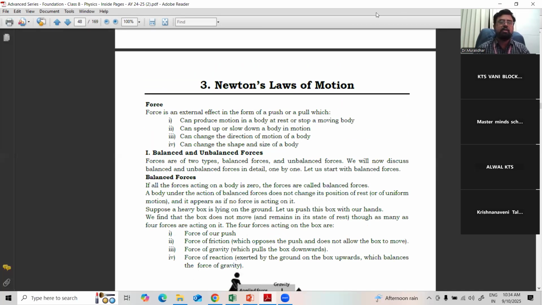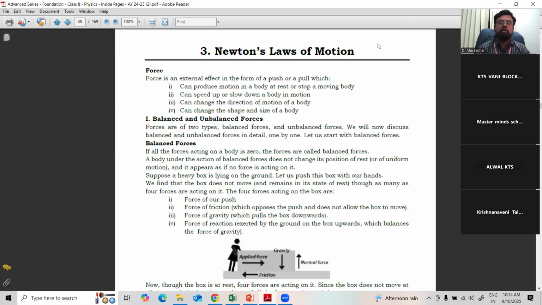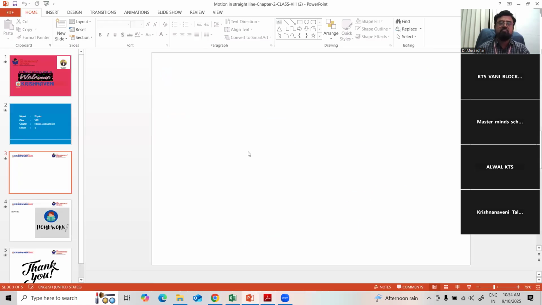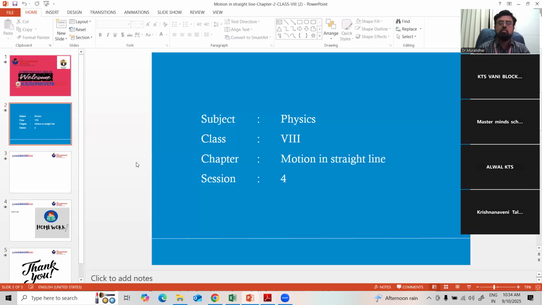So after completing that, in the next class when you meet, we'll discuss the third chapter, a very important chapter, Newton's laws of motion, right? Clear? So far, you have done two chapters. The first one is units and measurements, and the second one is motion in a straight line, where today we mainly discussed how the equations of motion change under the influence of gravity.